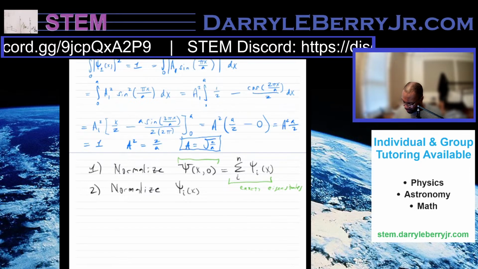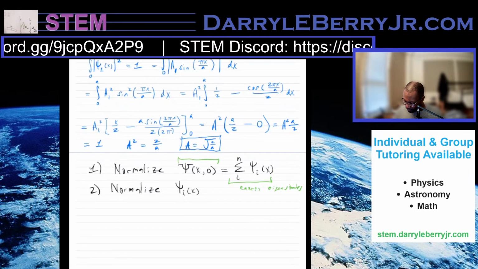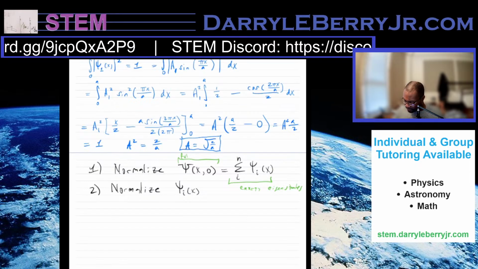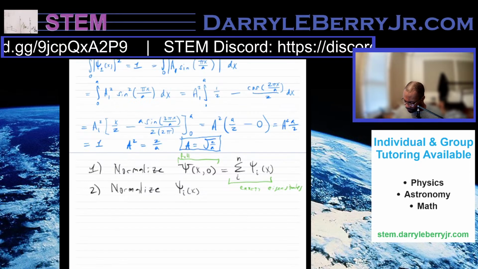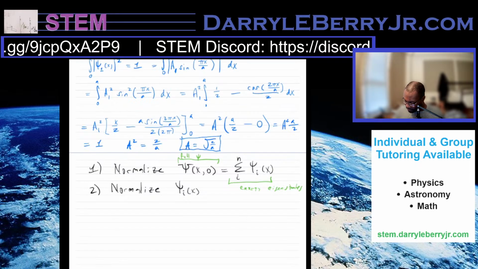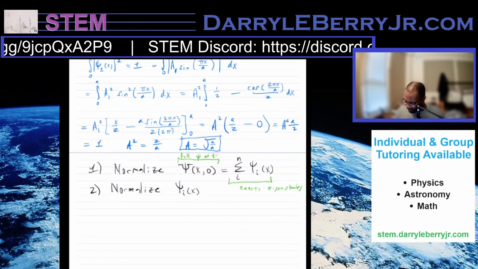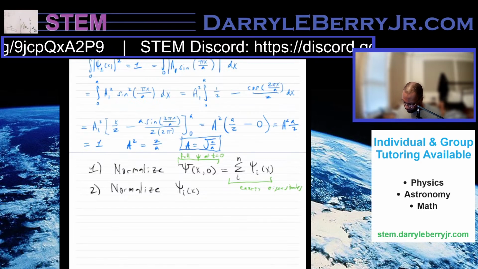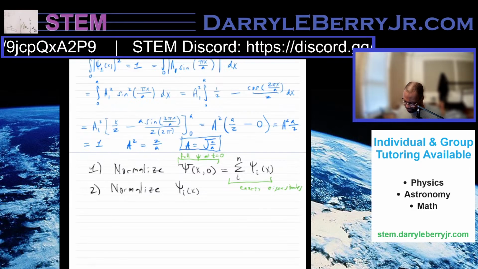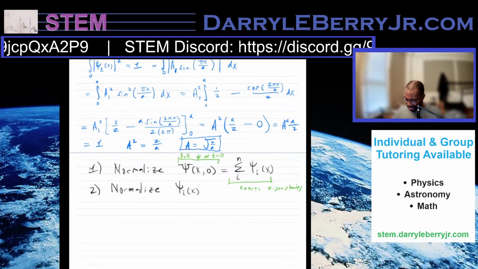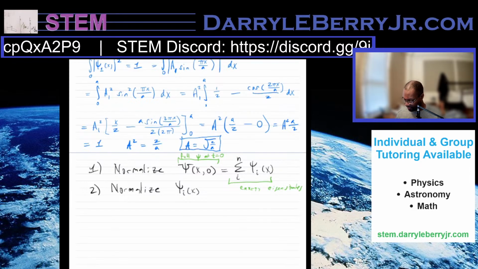And this is the full psi, albeit at t equals 0. So we have to normalize the full psi, then we have to normalize each of the sub-psis. So that's crazy.